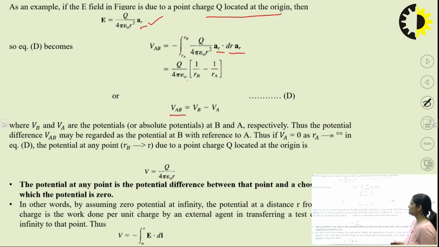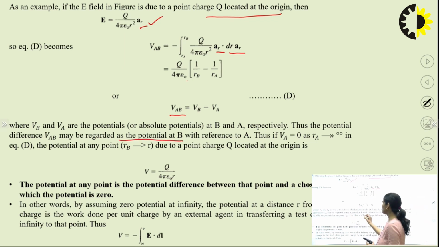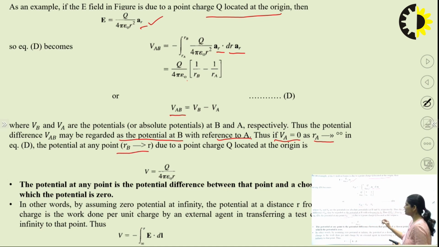VB and VA are the potentials at points B and A respectively, and the potential difference may be regarded as the potential at B with reference to A. And if VA is equal to 0 as RA tends to 0 in the equation, and the potential at any point RB tends to r due to point charge Q located at the origin, V is equal to Q upon 4π ε0 r. So this is the potential at any point, or you can say the potential difference between points A and B.